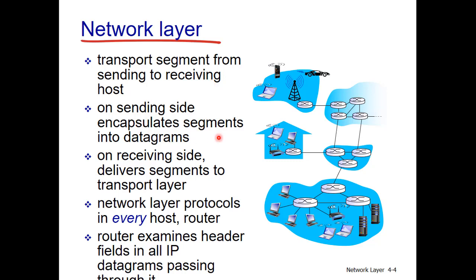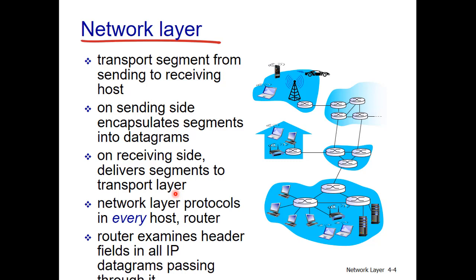On the sending side, it encapsulates the segments into datagrams. It takes the segment and adds its header, and that becomes a datagram. On the receiving side, it delivers the segment to the transport layer.